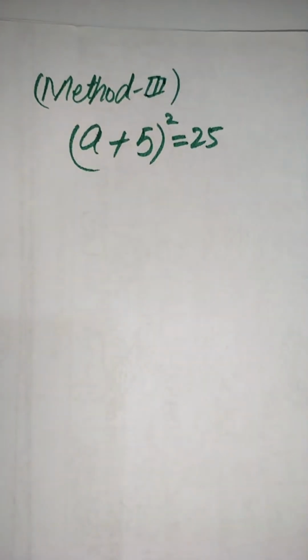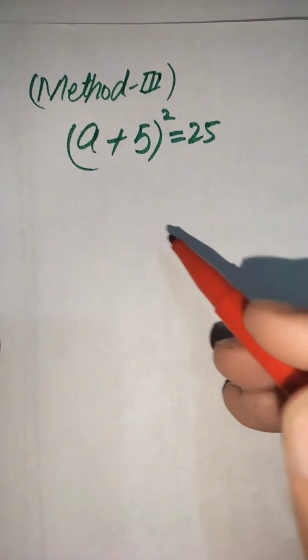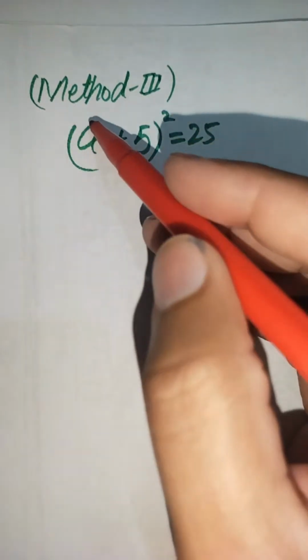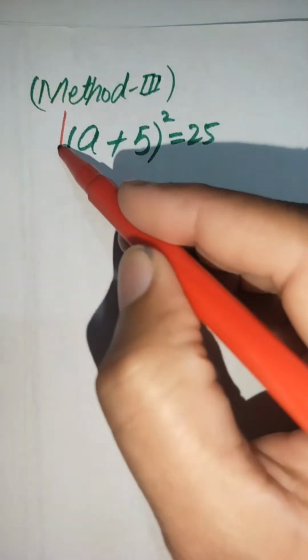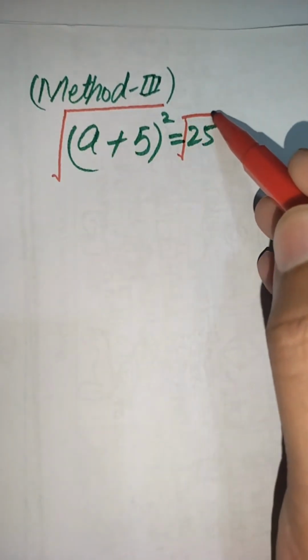In the third method we will use the square root technique to solve this problem. In order to use the square root technique, we need to apply square root on both of the sides, so it will be written in this form.